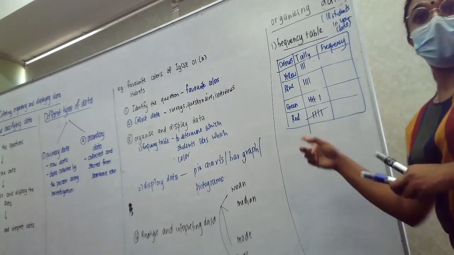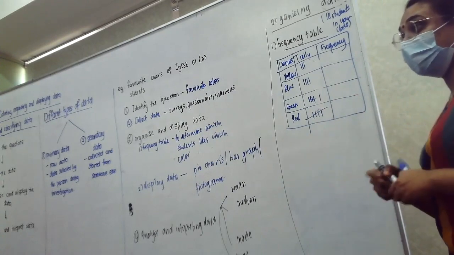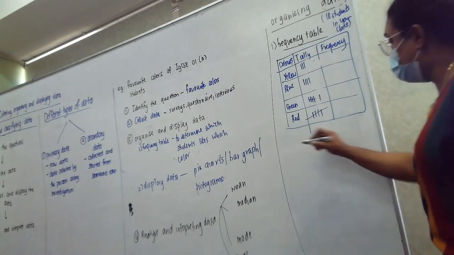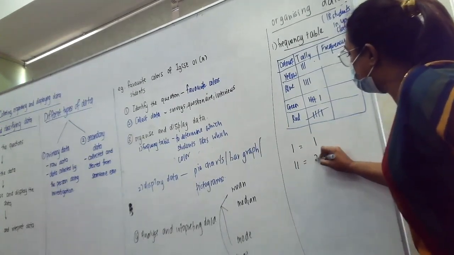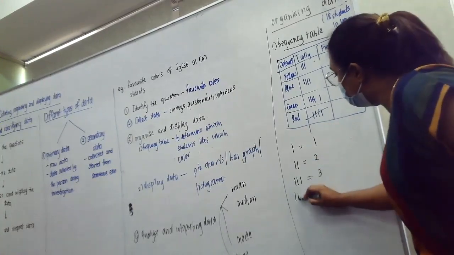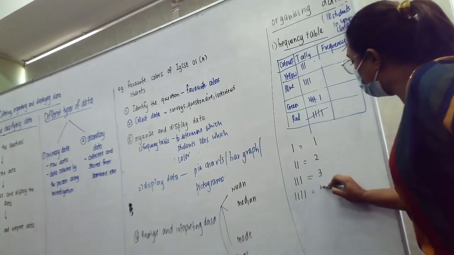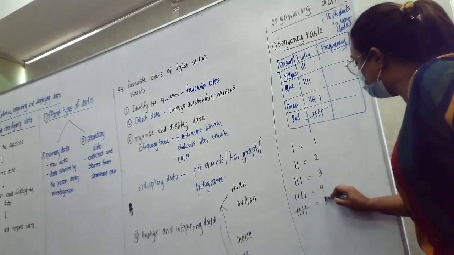Do you know how to draw tally? This is 1, this is 2, this is 3, this is 4, and this is 5.